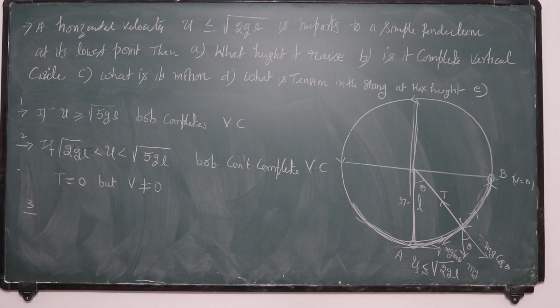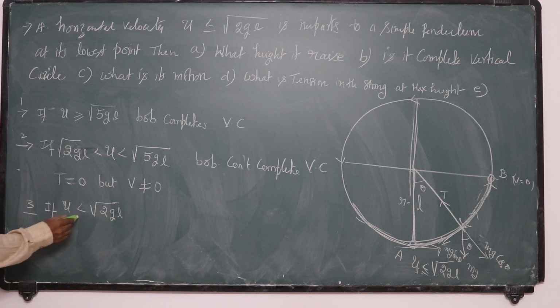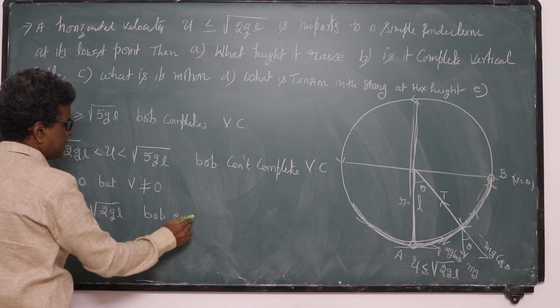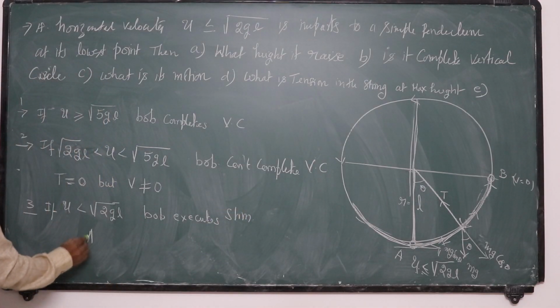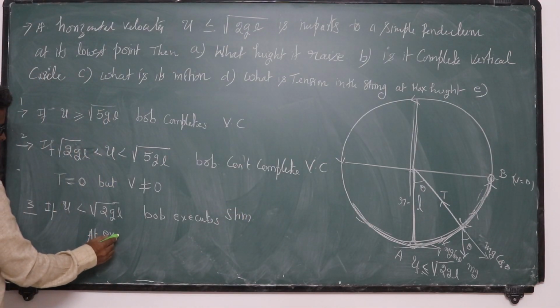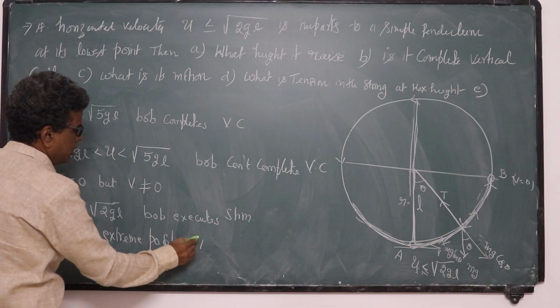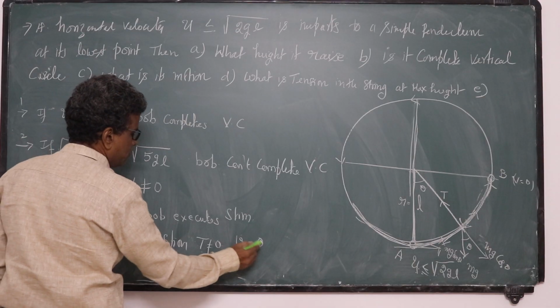Point number 3. If u is less than root 2gL, what happens? The bob executes SHM. At the extreme position, what happens? Tension is not equal to 0, velocity becomes 0.